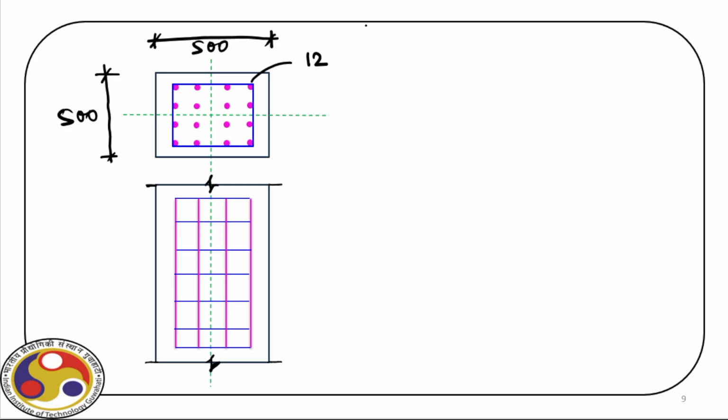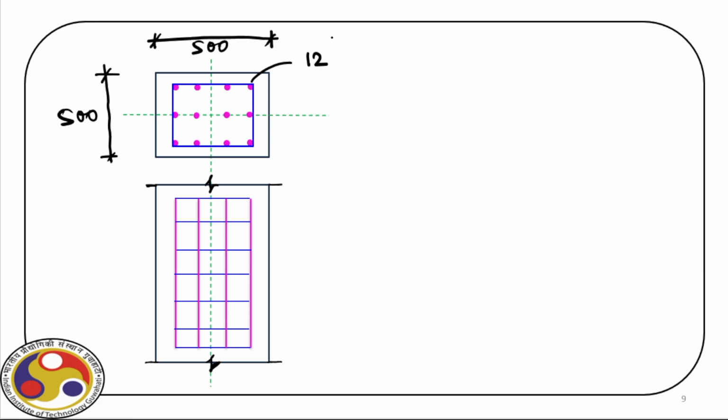So we have actually more bars. So let us reduce the number of bars. We have 16 here. So we have 12 phi, and then here also we have these bars, longitudinal bars here.